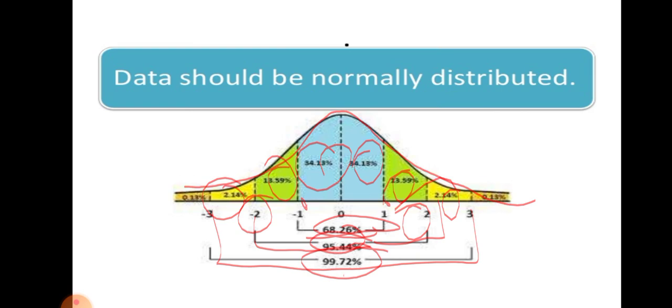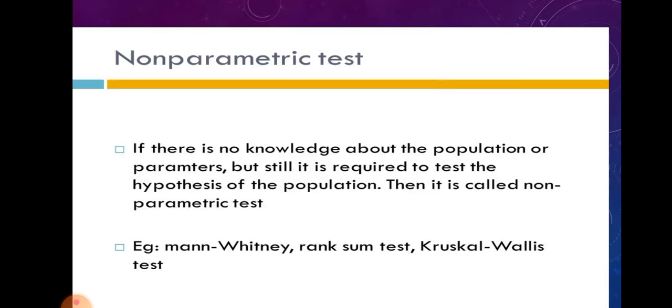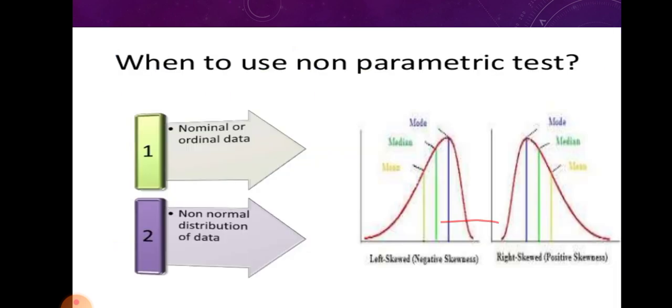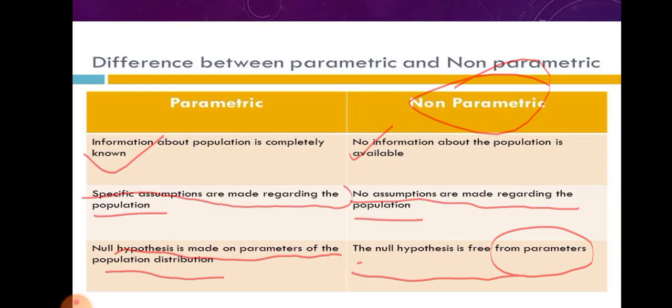Then the data should be normally distributed. For a non-parametric test, the data should be nominal or ordinal, with a non-normal distribution of data.